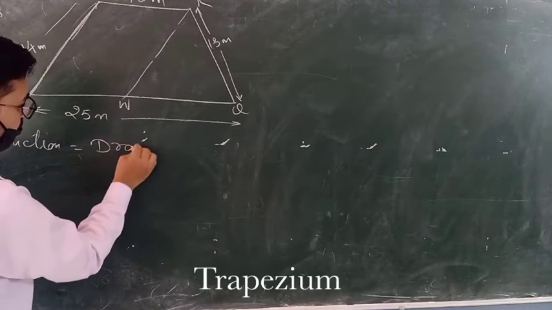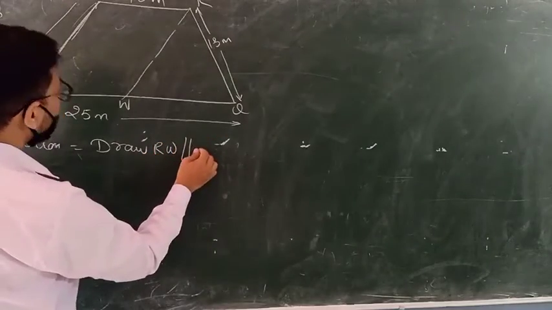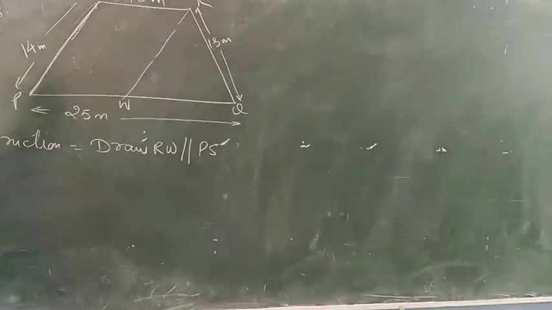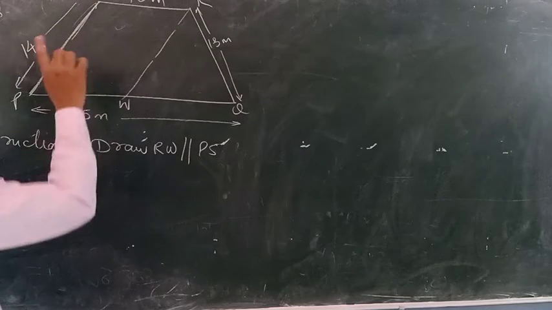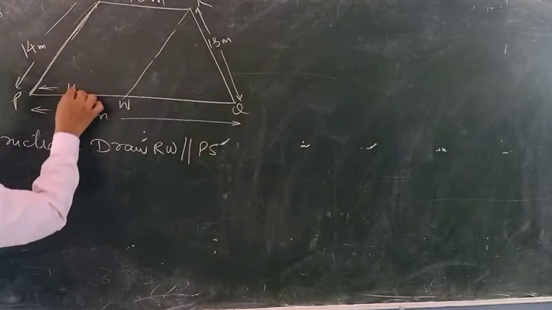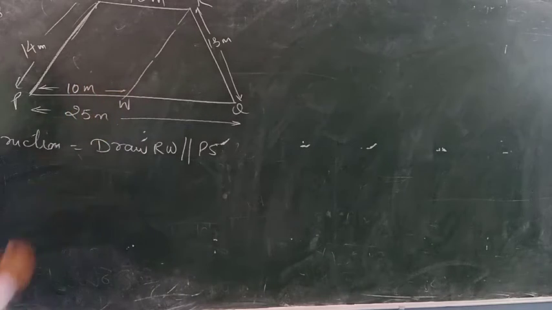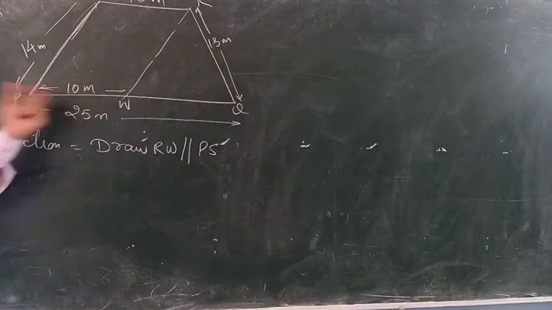Draw RW parallel to PS. Now, the property of parallelogram says if this side is 10 meters, then obviously this parallel side is also equal to 10 meters. Now, this complete length is 25 meters. This side is 10 meters.